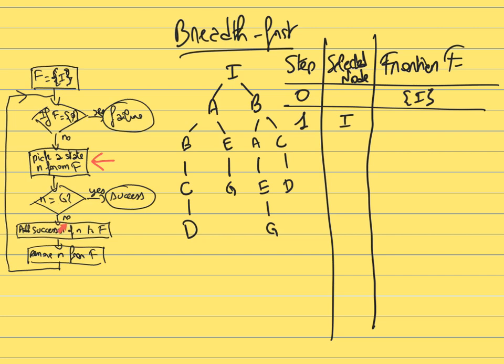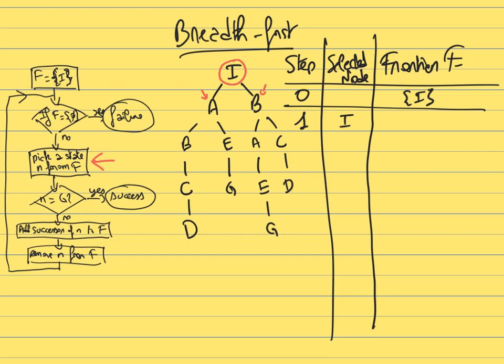So you have to detect all the possible successors of I, and you have to add them to the frontier. You are now at I and you need to find all the successors of I. So you have to expand the node I. You have to find all the possible routes, all the possible actions that you can take from I. In this case, you have only two choices.